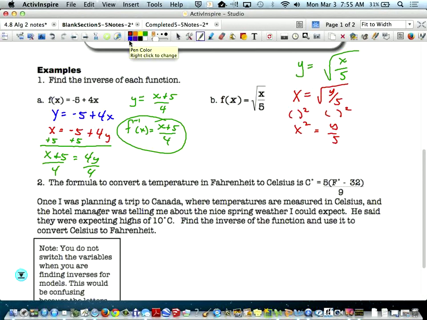Then you can turn around and multiply both sides by 5. And it's x squared times 5, or 5x squared. So if that's your function, I guess your inverse, then we can write it in the notation. The inverse then is 5x squared.